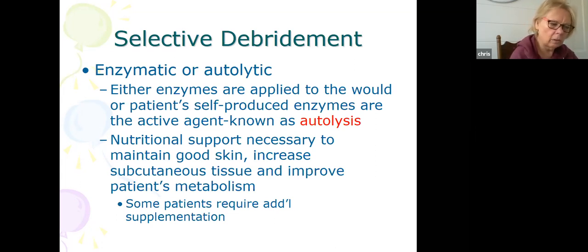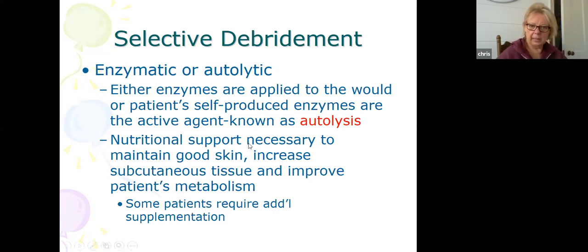Enzymatic debridement is where pharmacy comes into play, and you can apply collagenase to the wound to debride it. So that's exogenous versus endogenous. Endogenous means our body debrides it, and exogenous means that we need some kind of an enzyme or something to help with the debridement. Okay.